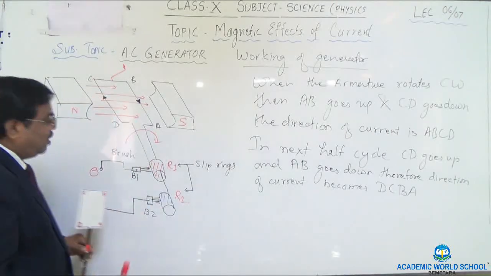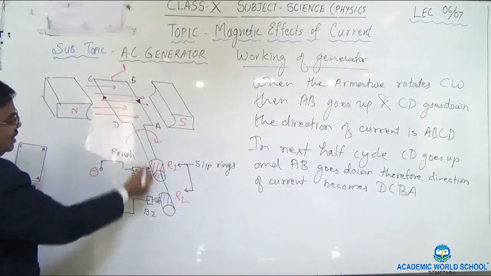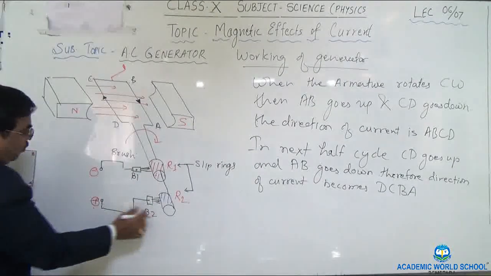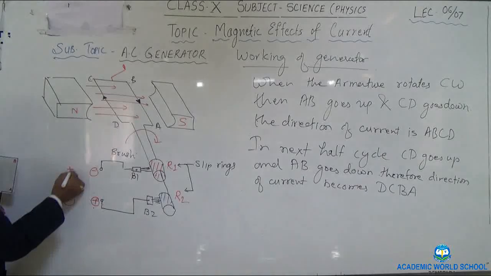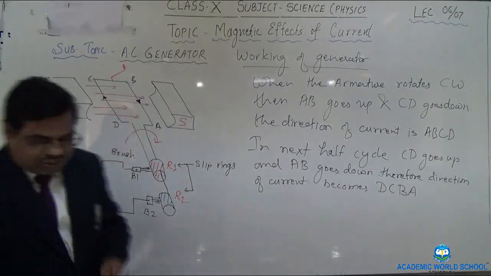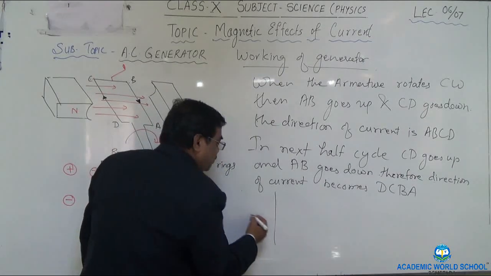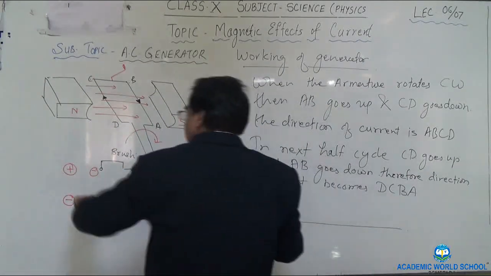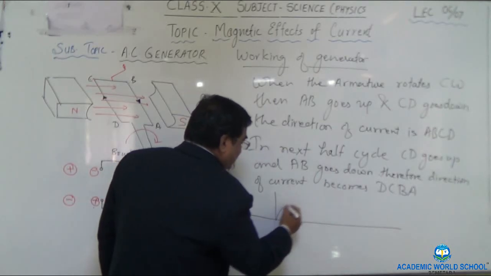At this time what happens? D is connected to B2. So B2 will now become negative potential and this one will be positive potential. If you are making a graph of the current which is drawn here, the current will be flowing like this.